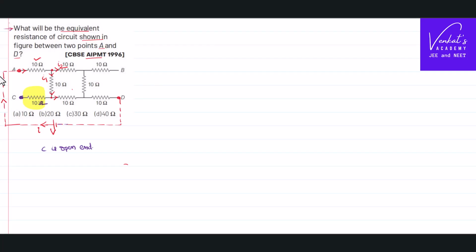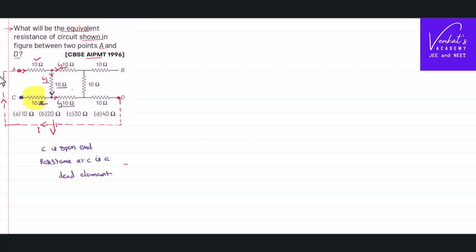So, what I can say is the resistance at C is a dead element of the circuit and no current flows through that. The entire I after reaching this junction, no current goes towards C, it is completely going to this 10 ohms. So, this 10 ohms and this 10 ohms have the same current through them.